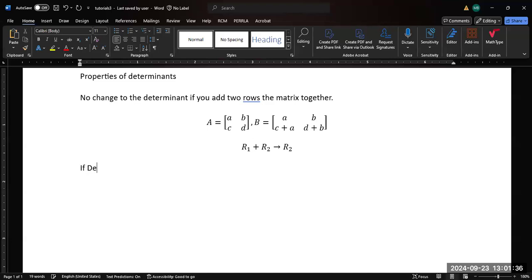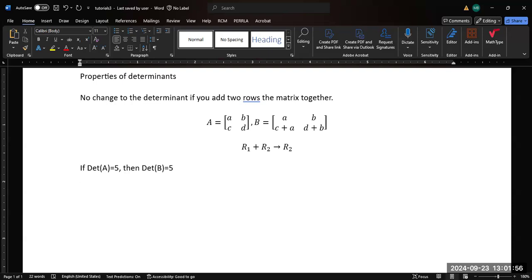So if the determinant of A was equal to, say, 5, then the determinant of B is also equal to 5. So nothing has changed about the value of the determinant for A.